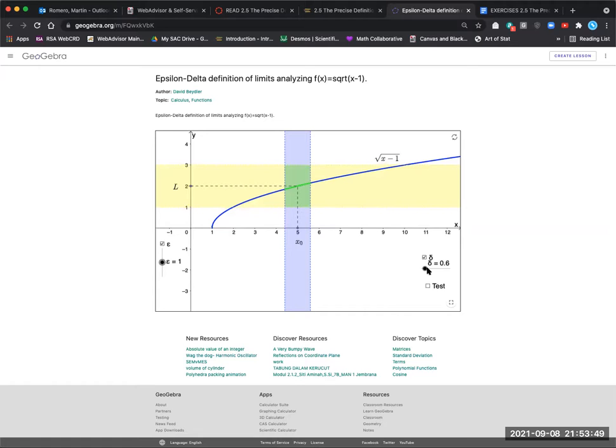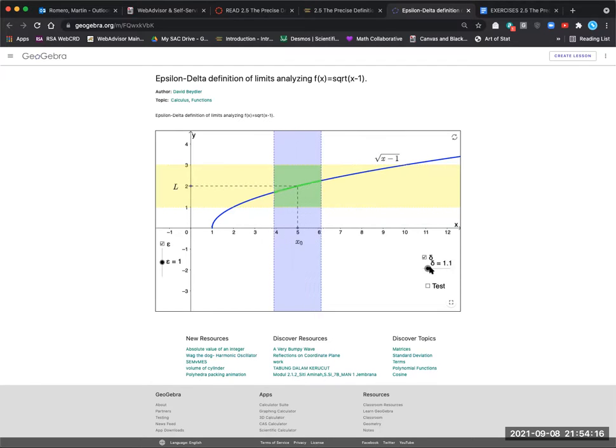Then someone says, you should be able to find a delta, some value that's close. And so here you can see as I get closer and closer to 5, my values of my function are within epsilon of the limit, 2. So if epsilon's 1, my boundaries are 1 and 3.